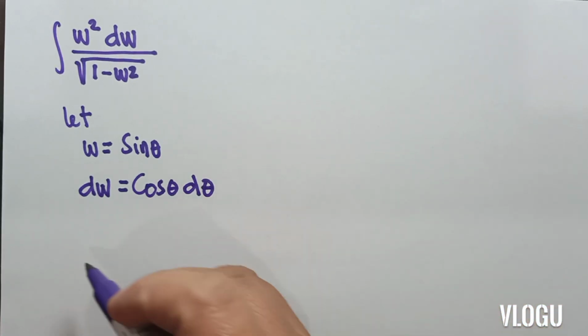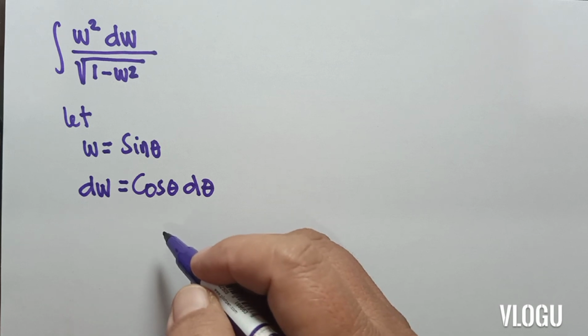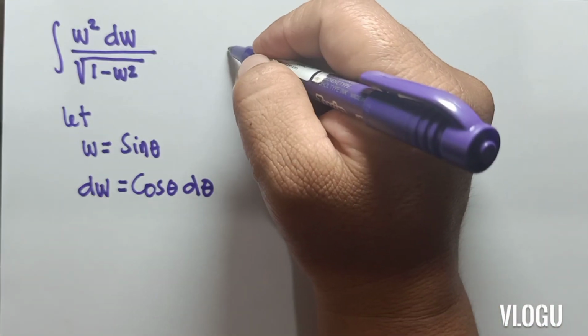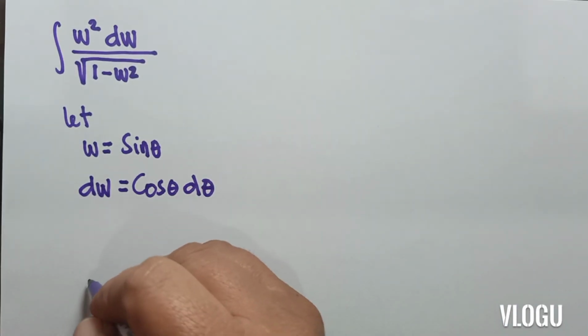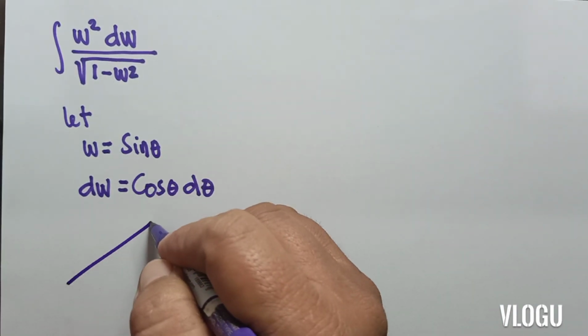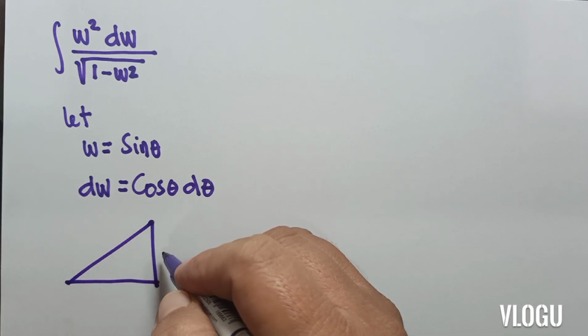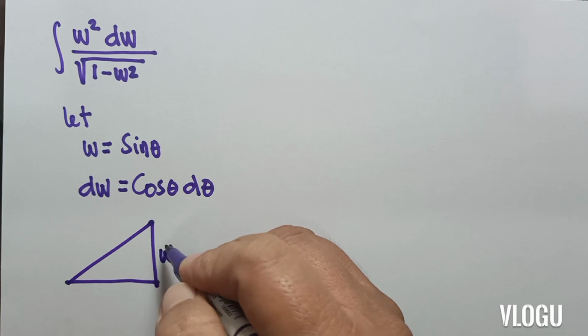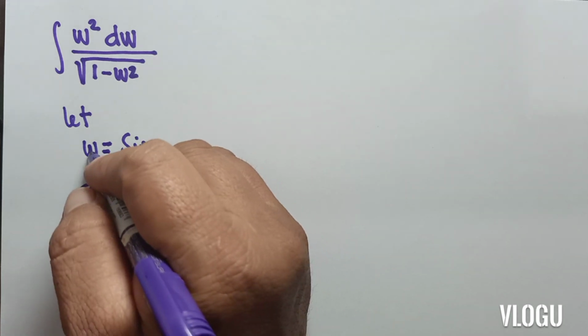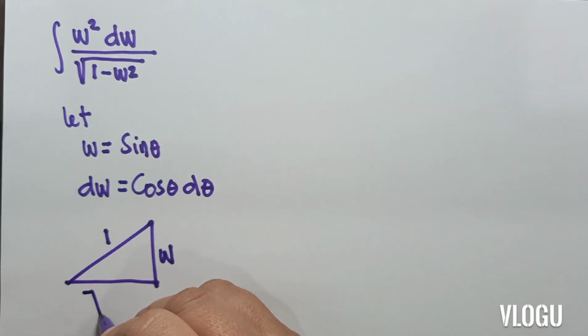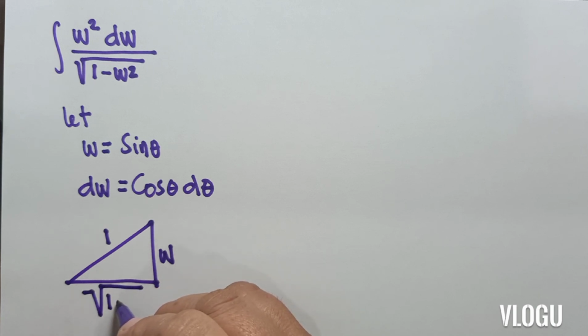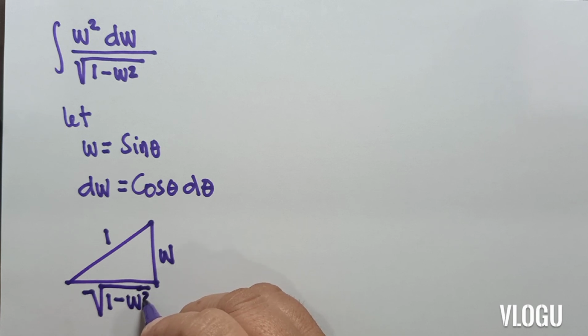Therefore, sine theta is w over 1, and the square root that we can form is the square root of 1 minus w square. So we will be using that later.